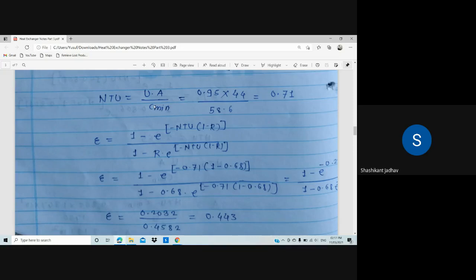Okay, all of you do the calculation up to the effectiveness is equal to 0.443.